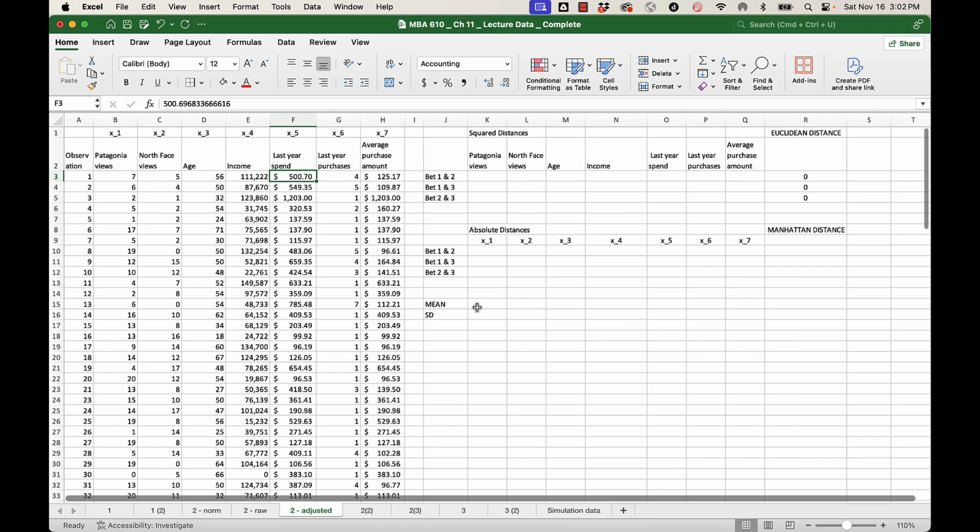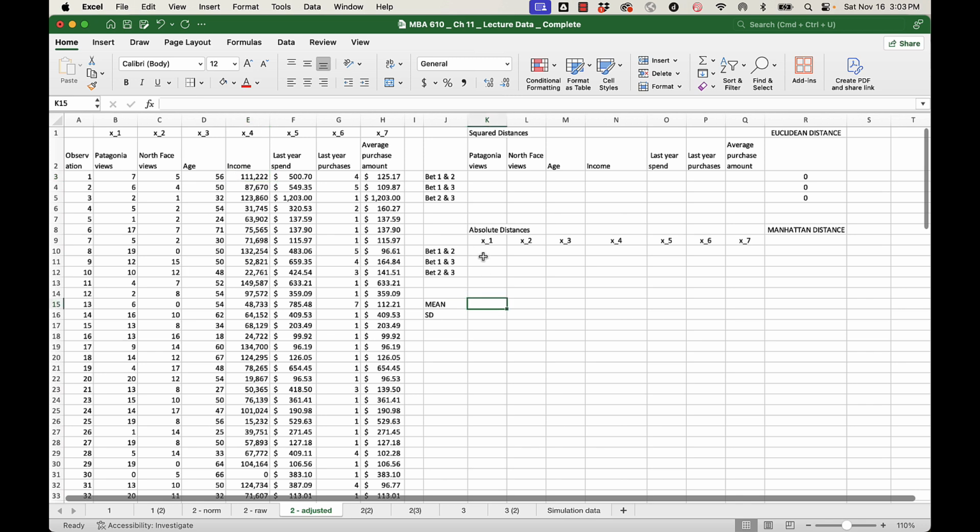What does that mean? The z-score just tells you how far an individual is, measured in standard deviations, from the average value. So how many Patagonia views were there on average? What was the standard deviation? Well, how does this person score compared to average? And then we'll compare people about where they land in the distribution rather than their raw numbers. And that'll help even out the relative impact of things with small scale versus large scale.